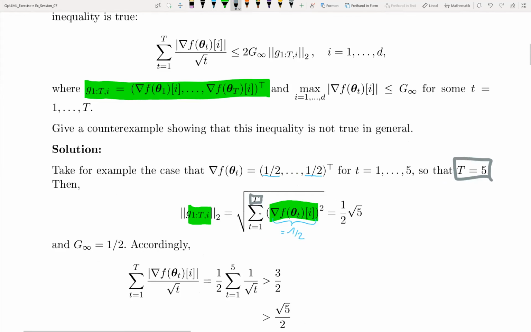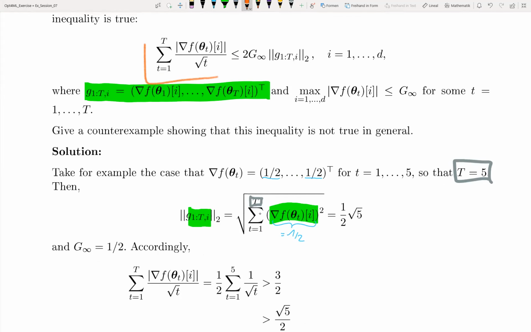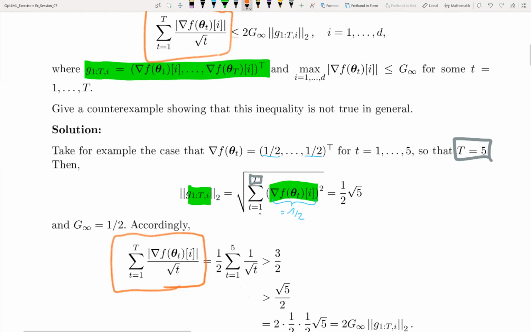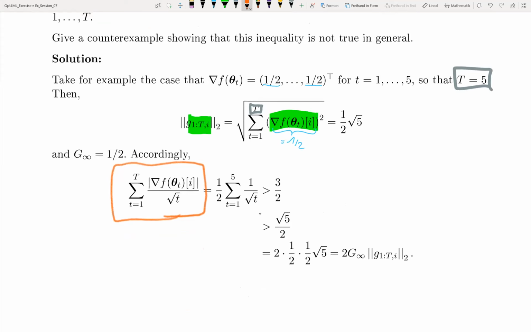So let's have a look at this left-hand side. We have here every time a 1/2, which is not depending on the iteration index t, so we can also write it in front. We have that our total iteration number is 5.